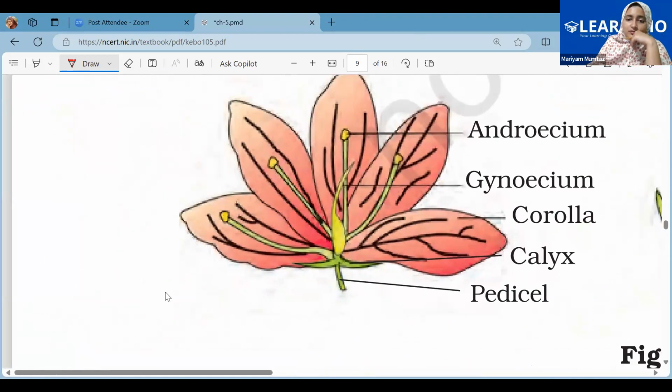This long part is the androecium, right? This yellow part that you see is the anther, and this green part is the filament. Many a time the stamen part of the flower can be separate from anything surrounding it, present just like that. But many a time it gets attached onto the petals.